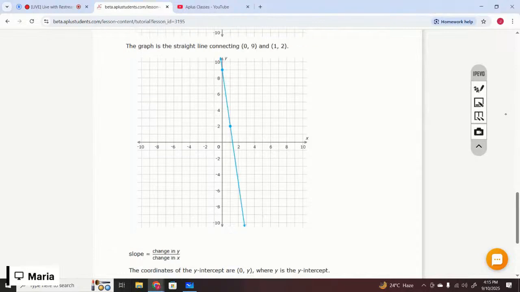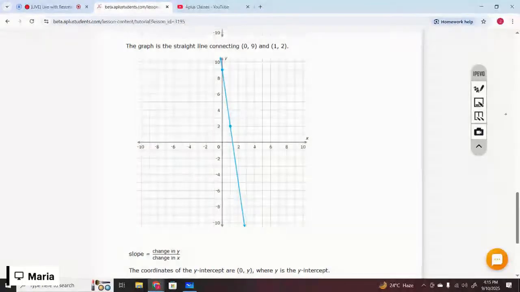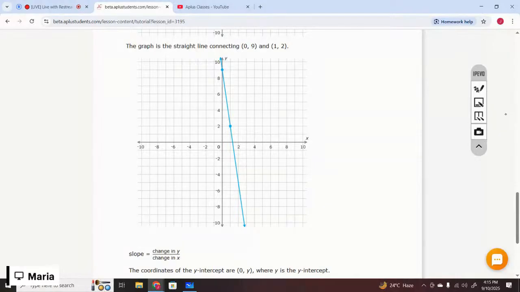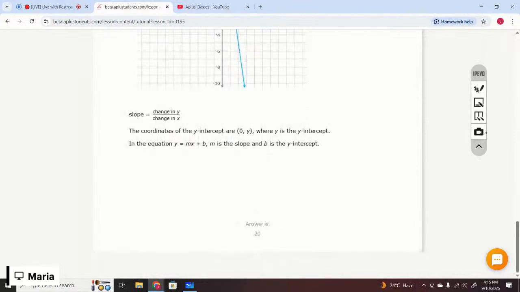So the slope is change in y divided by change in x.